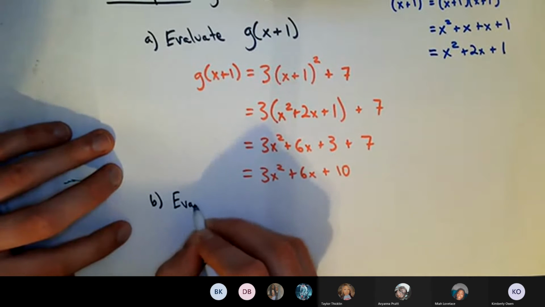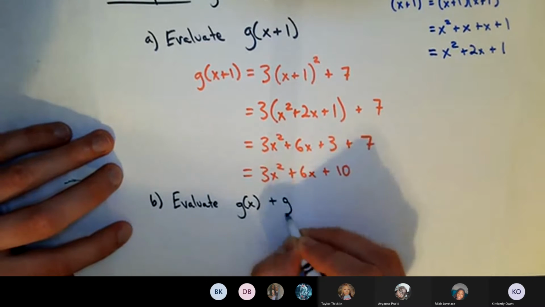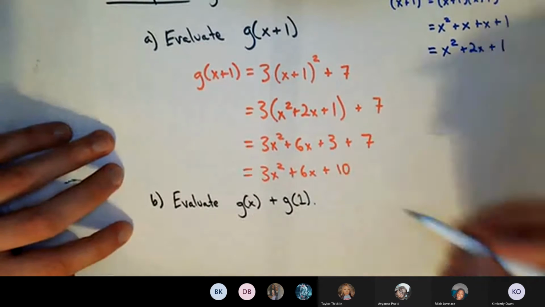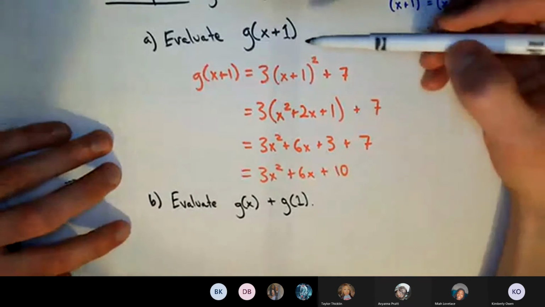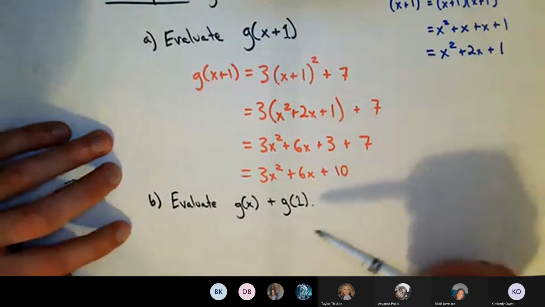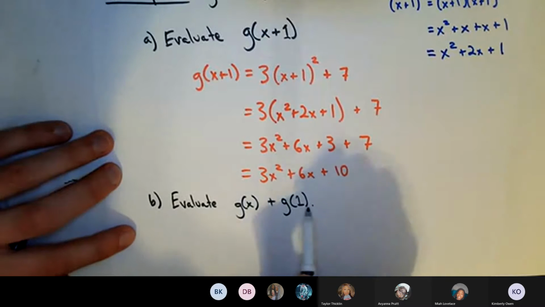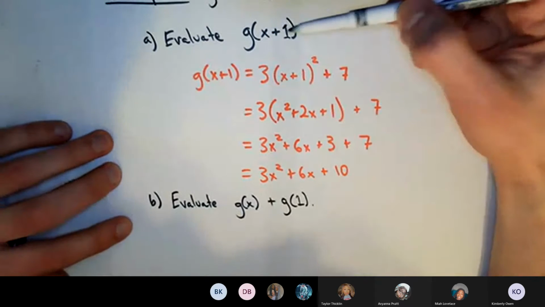I want to evaluate g of x plus g of 1. So you might see why I'm doing this. I'm comparing. After we do this, I'm going to compare this thing to this thing because they look the same, right? It's just the plus sign is out. We're adding the two functions here, and here the plus sign is inside, right?